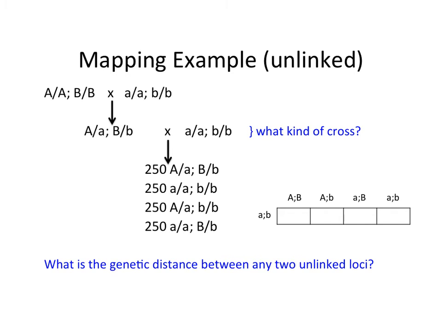So if Mendel is correct, and if you're dealing with genes that are on separate chromosomes, which is the goal, to figure out if your genes are on the same chromosome or not, what's going to happen? So we've got the parental types, big A with big B and little a with little b. And then we have what kind of cross again? It's the exact same cross as on the last slide.